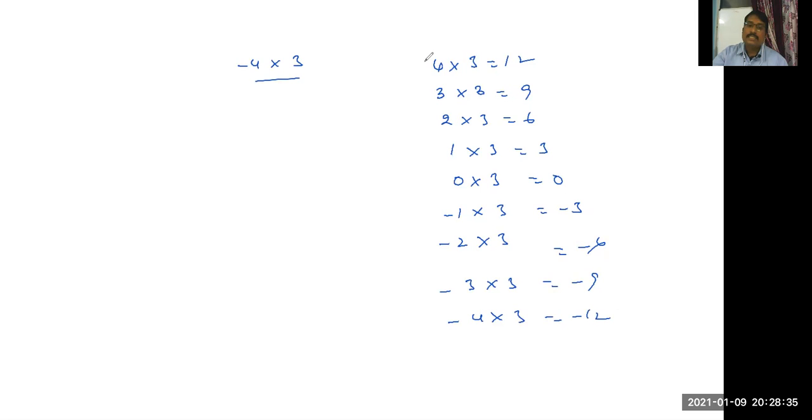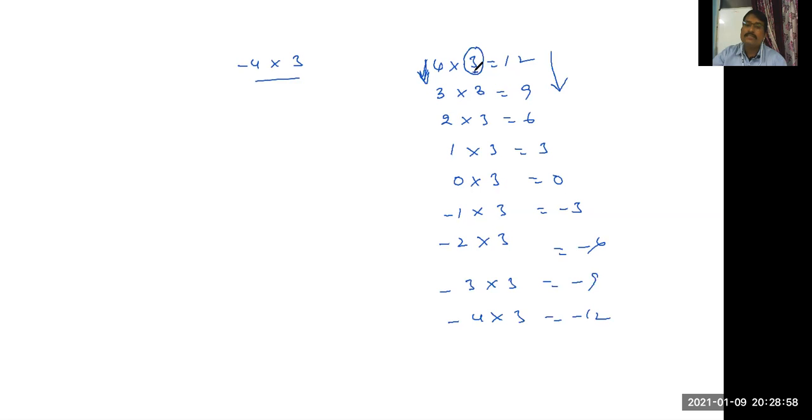Here, this is decreasing. This value is constant, and this value is going to be decreasing. When this is decreasing, the result is also decreasing. How much is it decreasing?